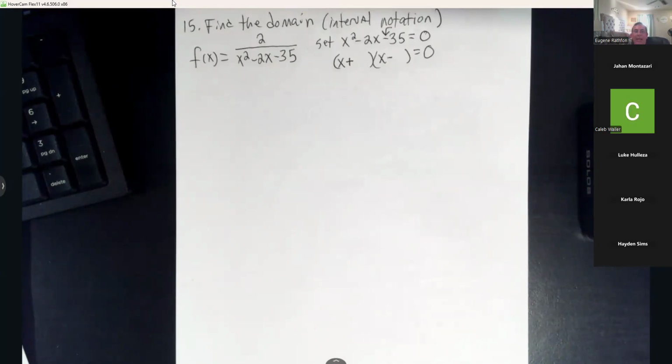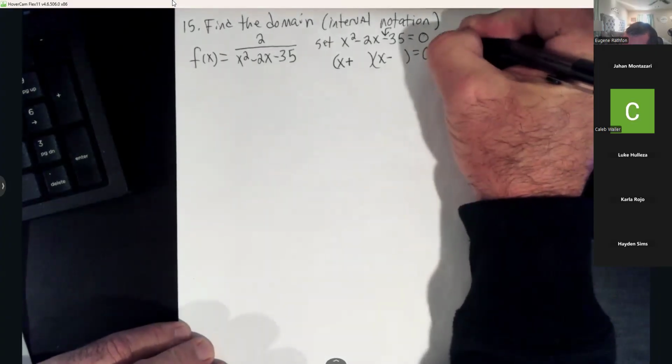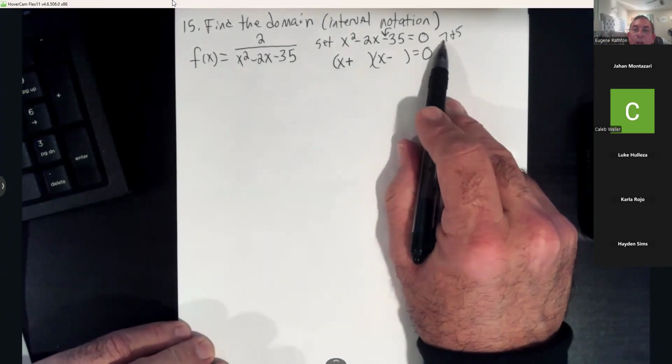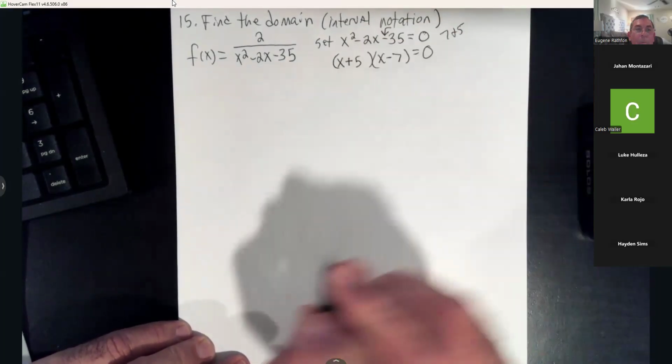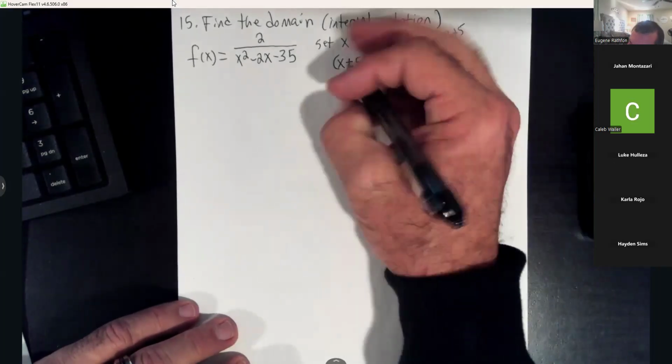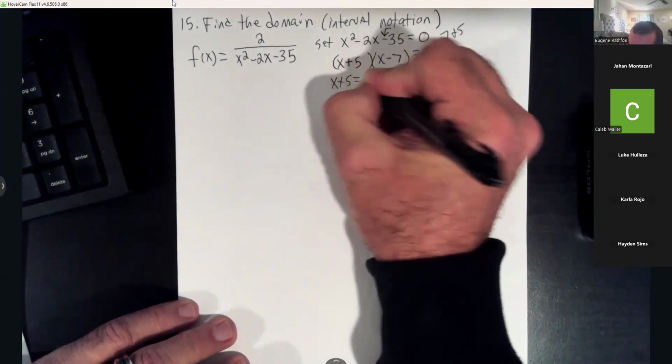They're going to multiply to get 35, but they're going to subtract and give me a 2. That's going to be 7 and 5. Good job. 7 is a larger number. It'll be negative like the middle. And then the 5 would be my positive. All right, y'all, let's set these equal to 0 and solve this.